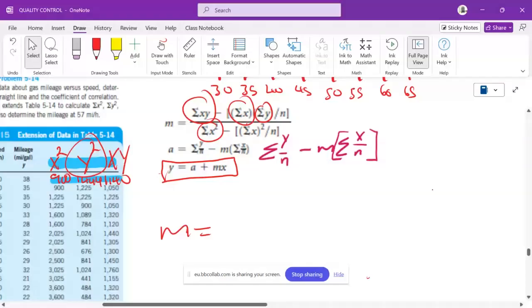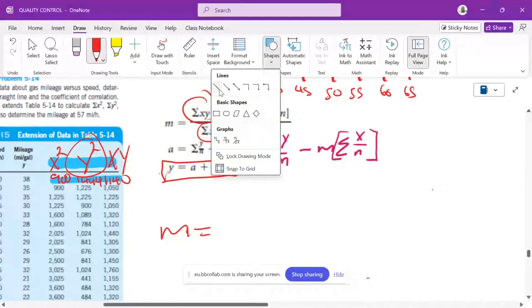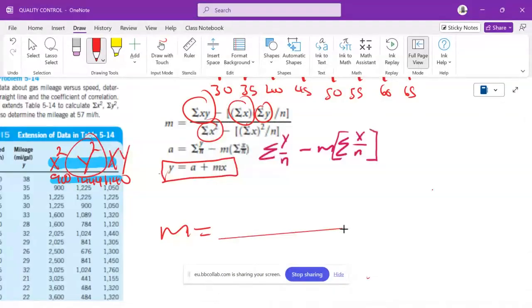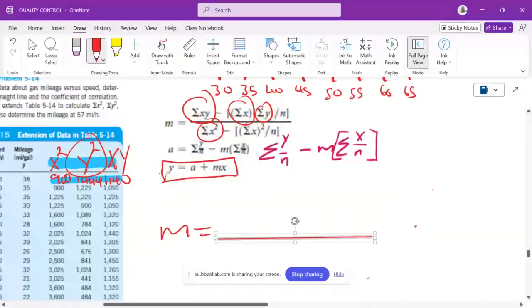Okay, so now the value of xy, with xy being number 5, which is 20,685.